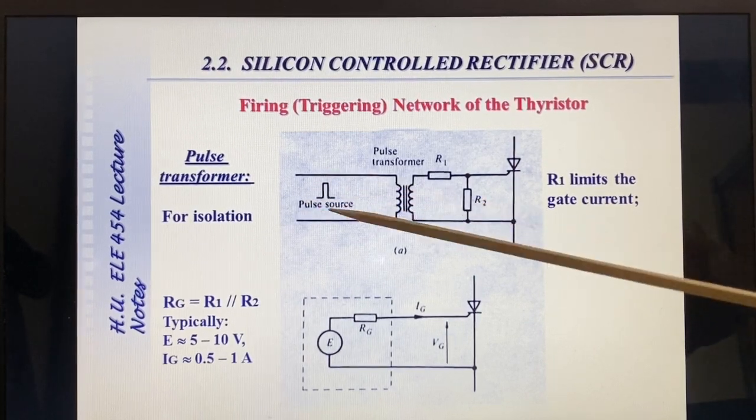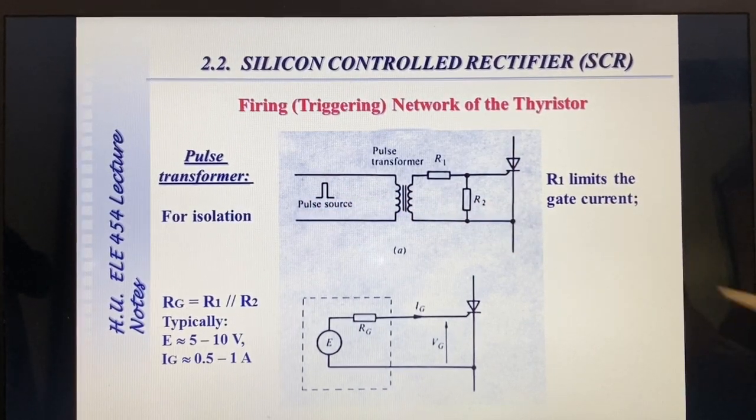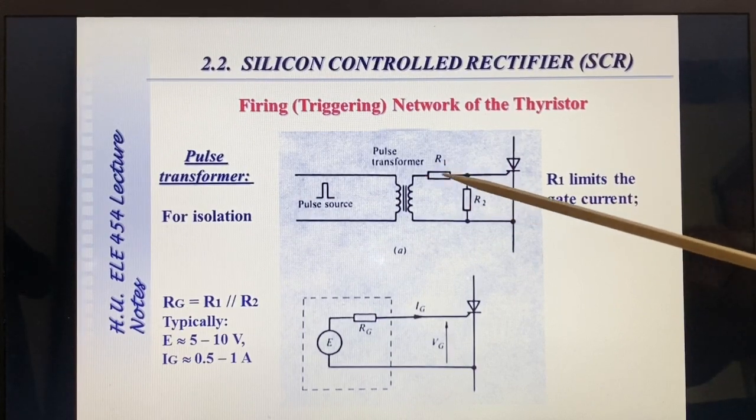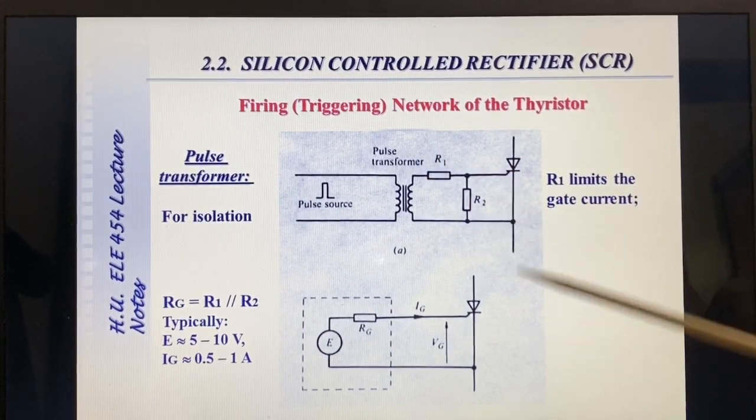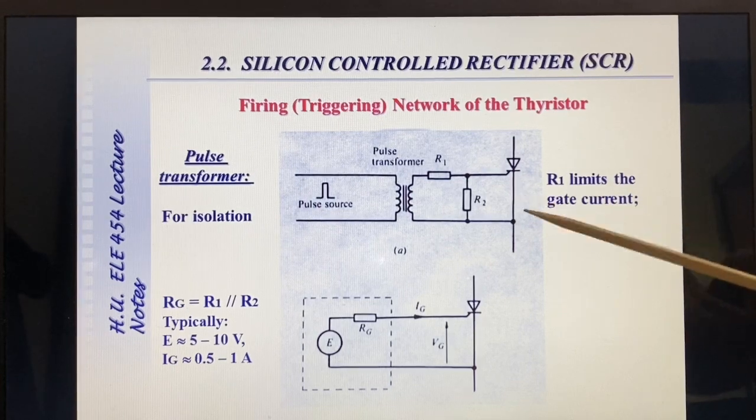So the pulse source is applied through a pulse transformer with current limiting resistor and voltage limiting divider to the gate terminals.